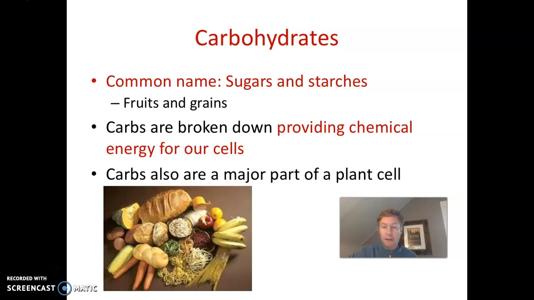They're embedded in our cell membranes, and we break down carbohydrates for energy to make ATP, adenosine triphosphate. We'll learn more about that later. The common names for carbohydrates are sugars and starches. And again, they're broken down to make chemical energy.